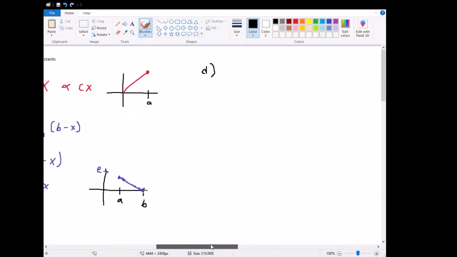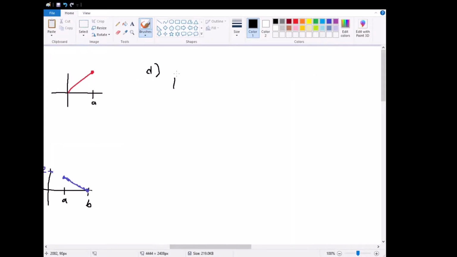So the probability of finding the particle to the left of a is equal to the integral from 0 to a of the magnitude of psi of x comma 0 squared dx.